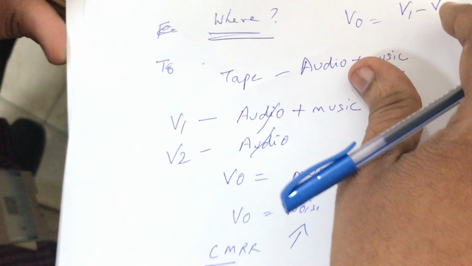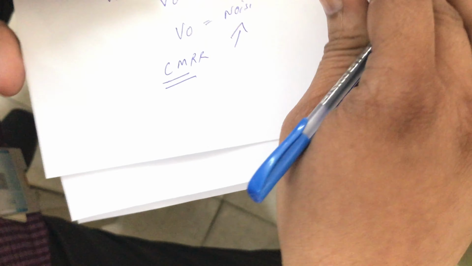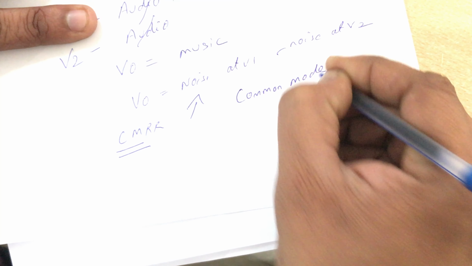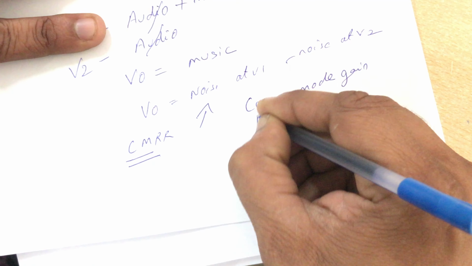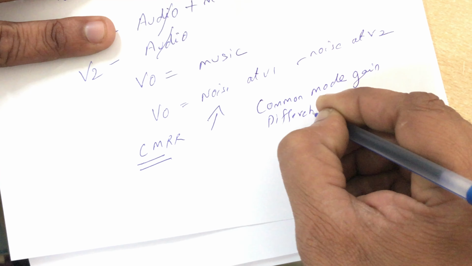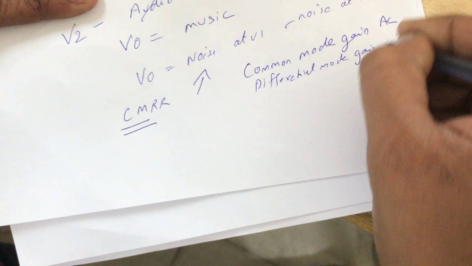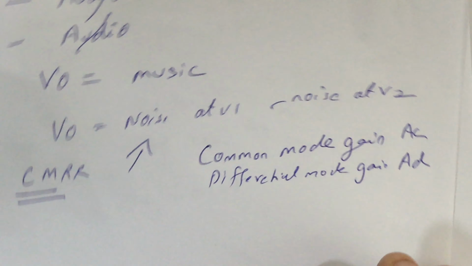For that, we should know what common mode gain and differential mode gain are, which we call AC and AD.